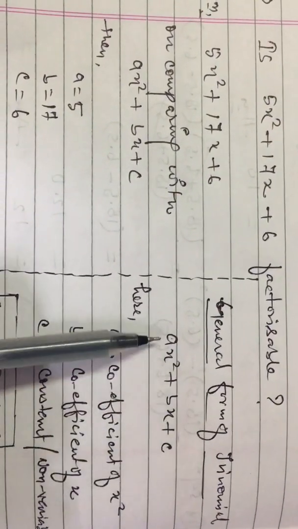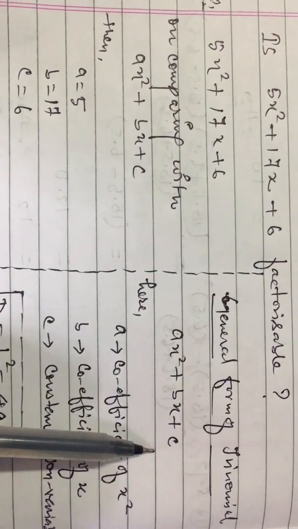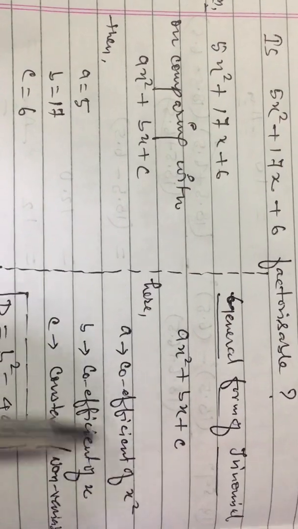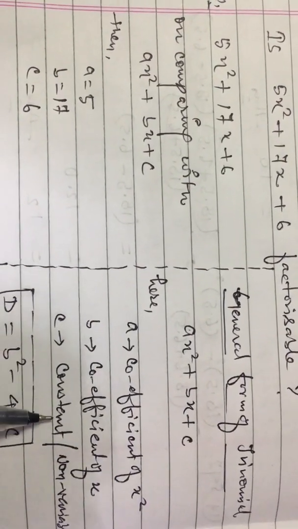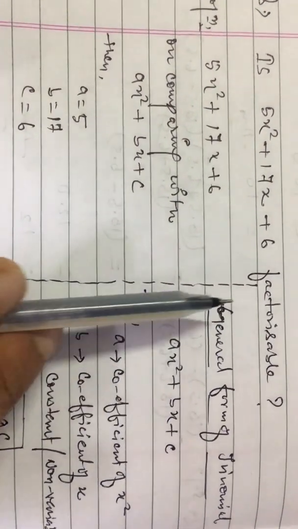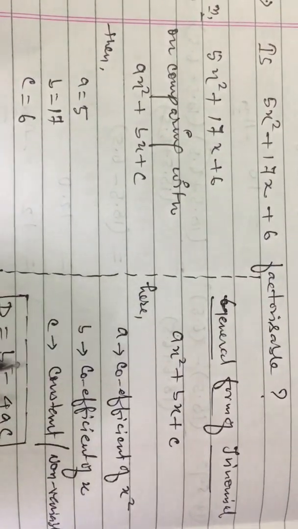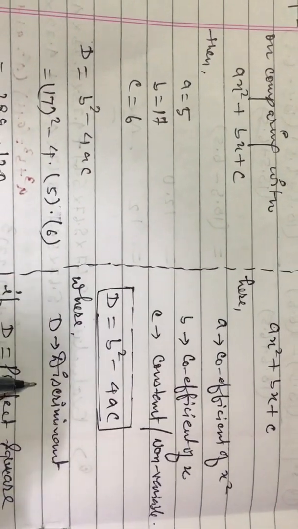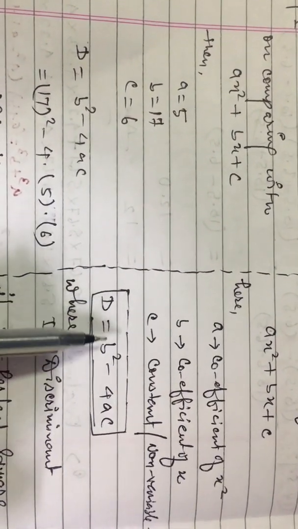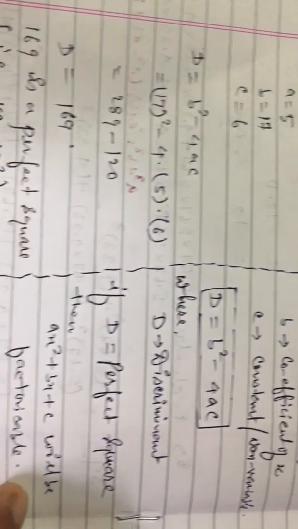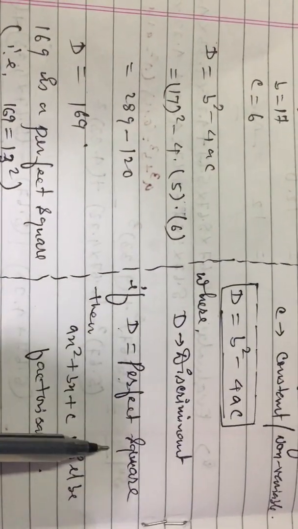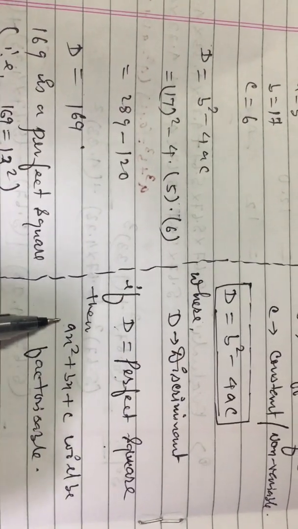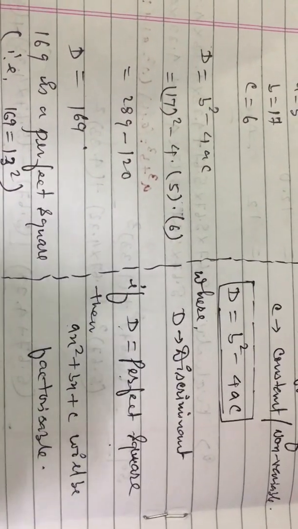The general form of a trinomial is ax square plus bx plus c, where a is the coefficient of x square, b is the coefficient of x, and c is the constant term. So for checking whether it is factorizable or not, we will find the value of d. What is d here? D means discriminant, and d is equal to b square minus 4ac. And if the value of d is a perfect square, then the given expression or trinomial will be factorizable.